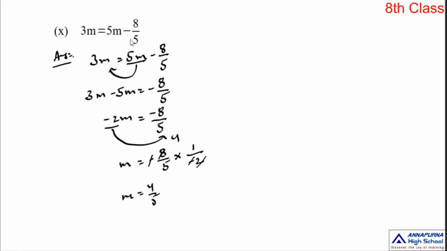Okay, now substitute this value in the left side and right side separately. Verification. So the left side is 3m, means 3 into 4 by 5, it is equal to 12 by 5, 3 4s 12 by 5.